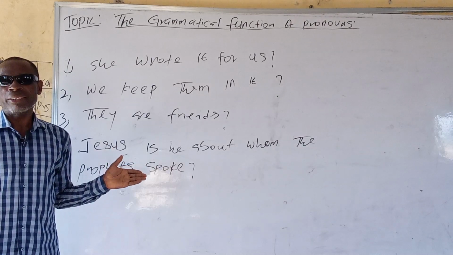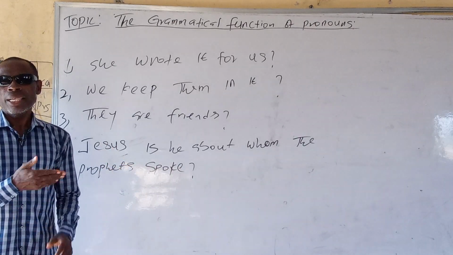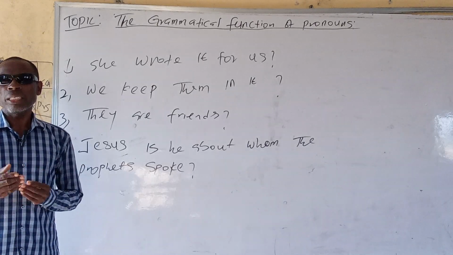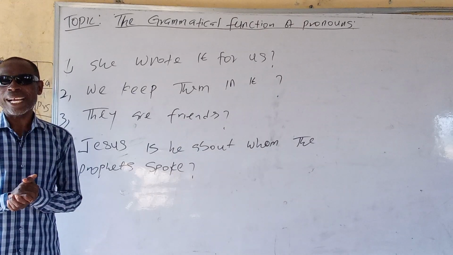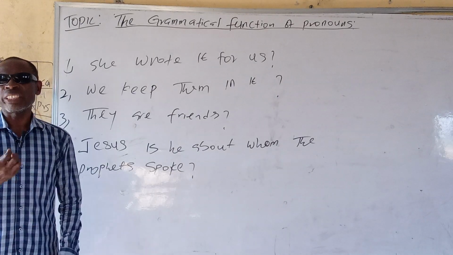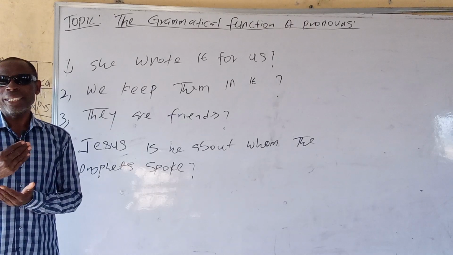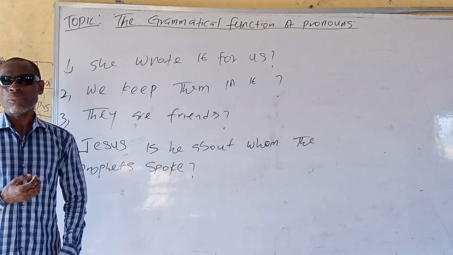Let's take a look at sentence 3 on the board. They are friends. They is the subject of this sentence. But if you look carefully, you see that it is not performing any action. Neither is it receiving the effect of action performed by any subject. The sentence is just telling us something about it.